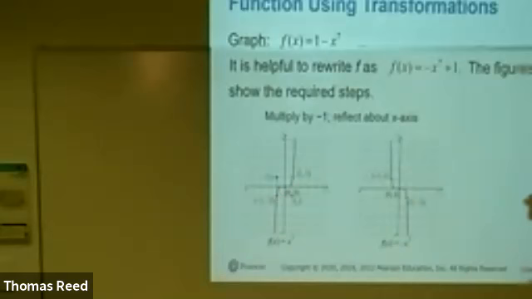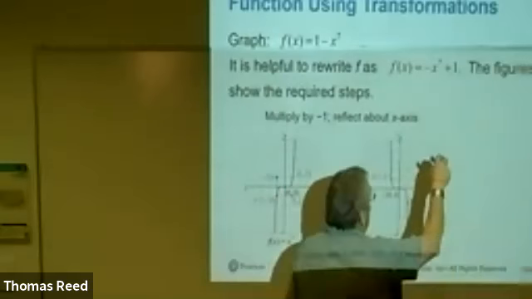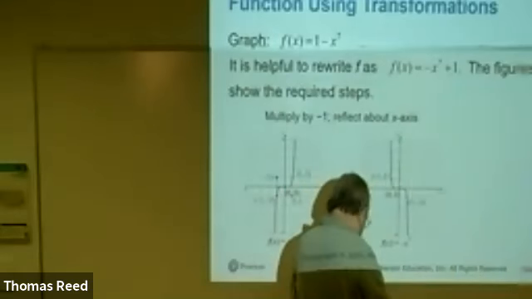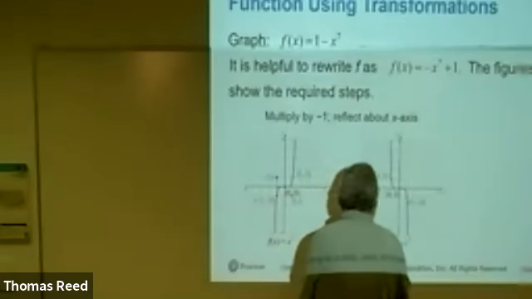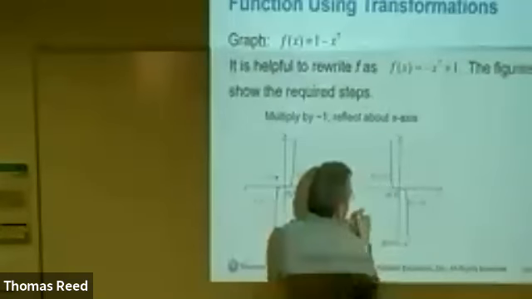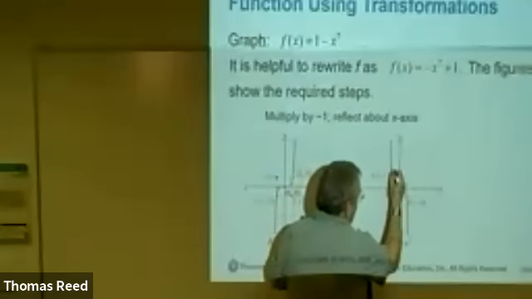So we're done with these changes. Now we're looking at this change here, the +1. That's a vertical stretch. No, that's a vertical shift. So this means I'm adding 1 to all the y values. I add 1 to +1, and it brings it up to +2.